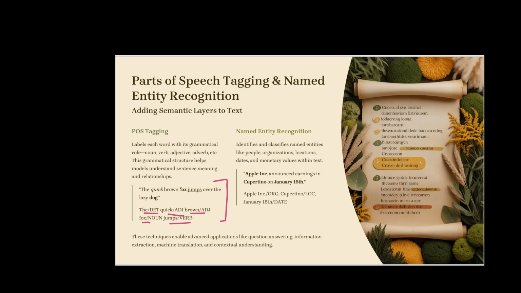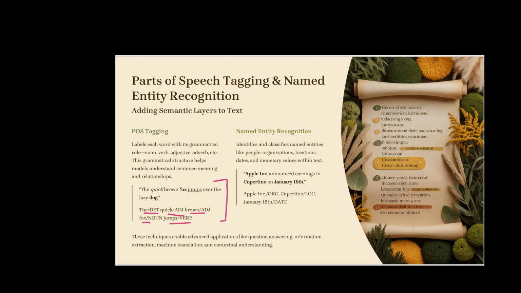Talking about what named entity recognition is, it identifies and classifies named entities. It classifies these entities like people, organizations, locations, dates, and monetary values within text. For example, Apple Inc. announced earnings in Cupertino on January 15th.